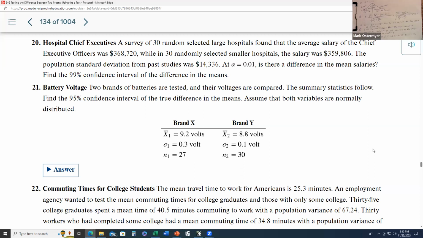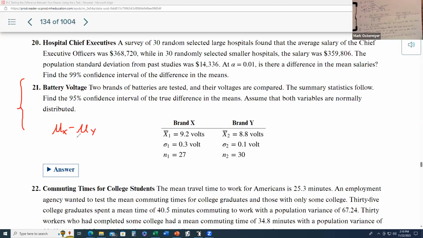And so what I want you to do for a classwork problem is build a confidence interval for the difference between the population means. In other words, I want you to compute a 95% confidence interval for the difference between the mean voltage of the brand X batteries and the mean voltage of the brand Y batteries.